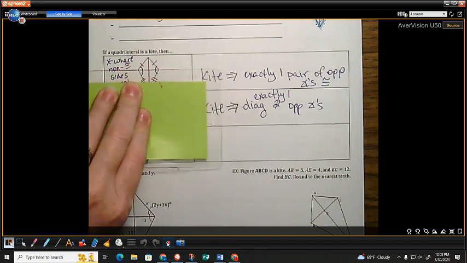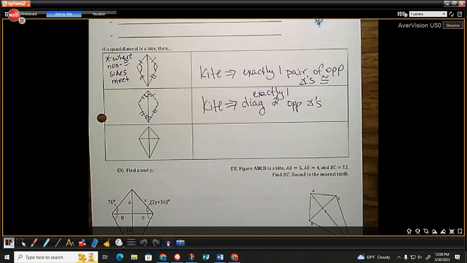Okay? And so you have to figure out how to keep straight which angles match, which angles don't match, and which angles get bisected. A lot of repetition will help with that. And a lot of staring at it too.